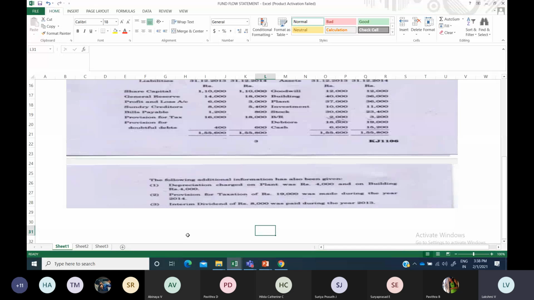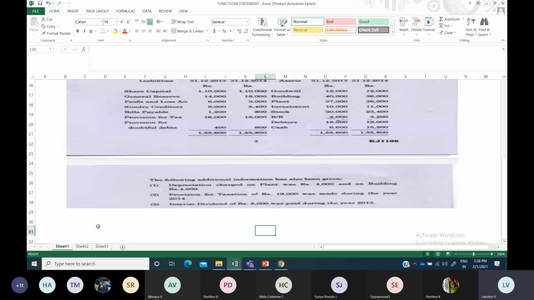So interim dividend 8,000: you can bring that amount here because it comes in two places. One place is the adjusted P&L, the other is the fund flow statement. So you can take this one.